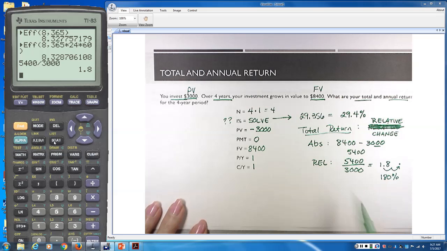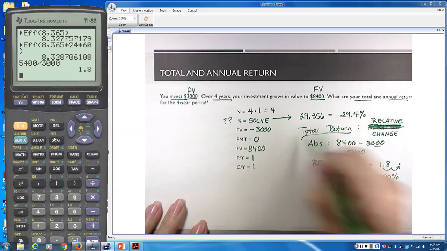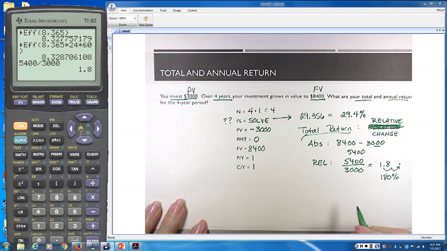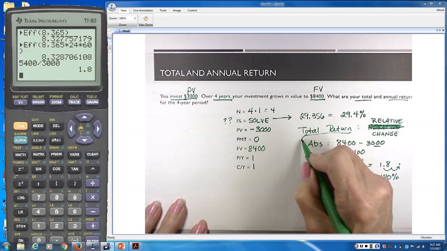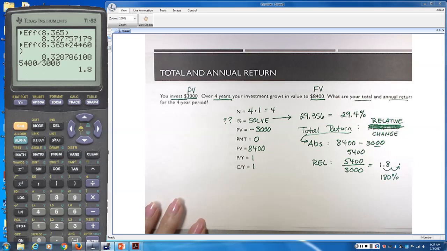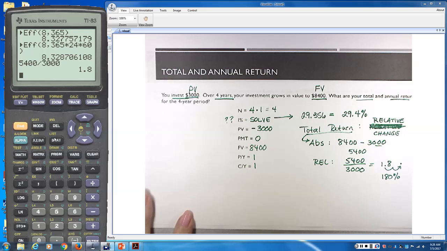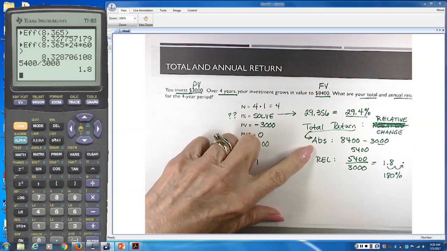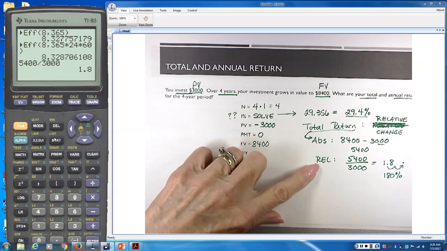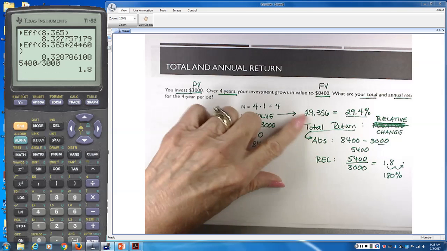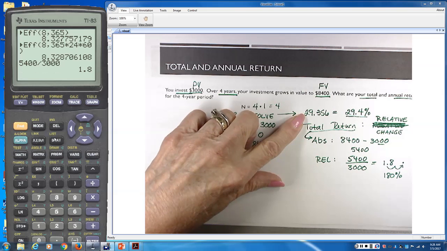Your total return is the $5,400. So the annual return is 29.4% per year. Okay, so that's a percent. Your total return is $5,400, which is a relative change of 180%. But your annual return is 29.4%.